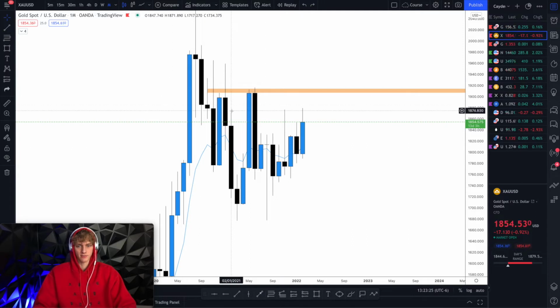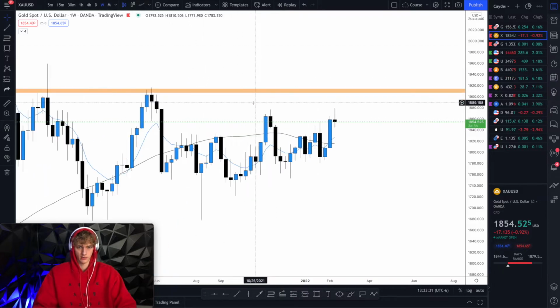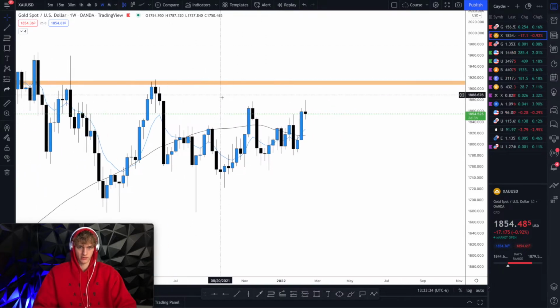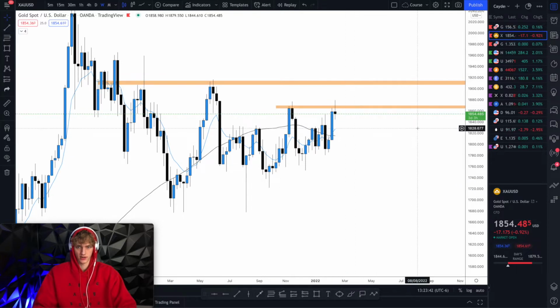The next thing I do is see that we're coming into this area that has this wick right here, and I go down to the weekly to try to get some more information. As you can see, now we have resistance right here. This is where this weekly candle drove into, and now it's coming back down.